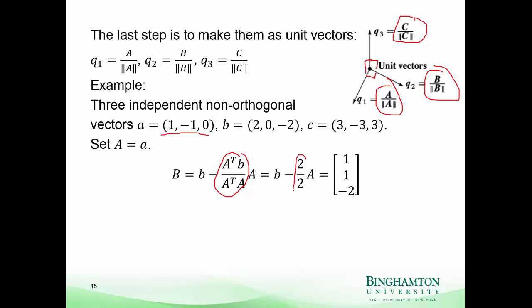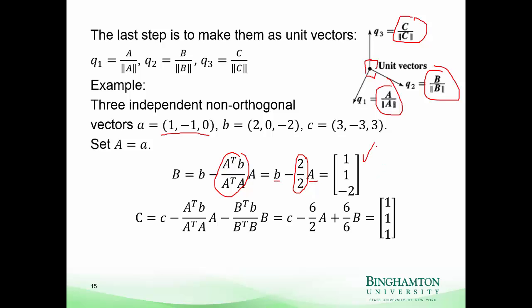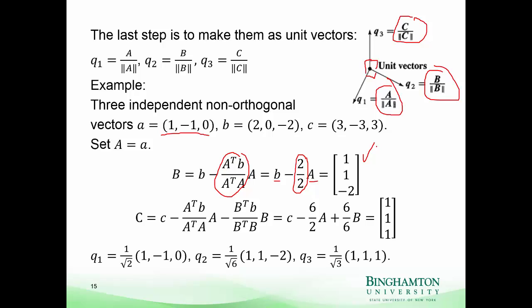And so for this case, that just ends up being 2 over 2 times our original A subtracted from B, and we get this result. And then we go through and we find our C. And so now we have, after normalization, we would find the norm of this and divide by it, the norm of that vector and divide by it, the norm of this vector and divide by it, and we get our 3 orthonormal vectors.